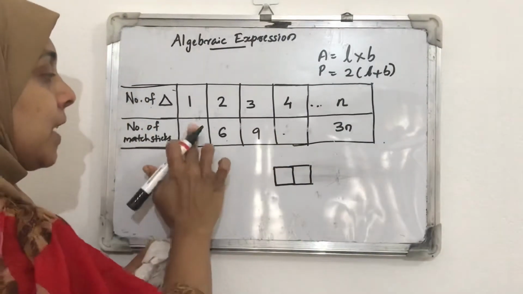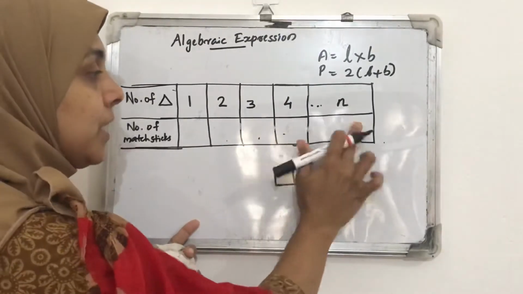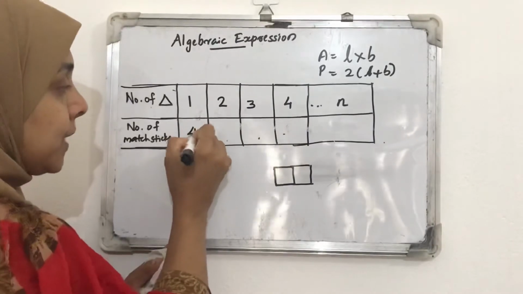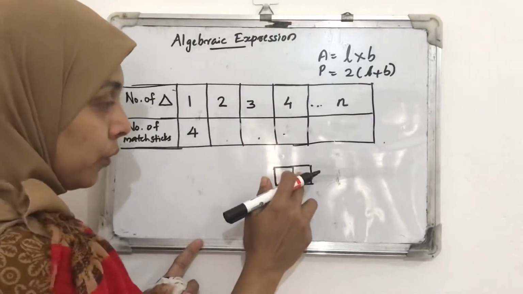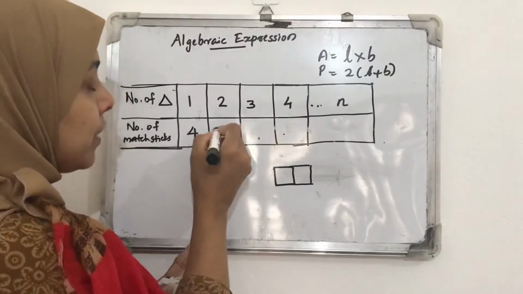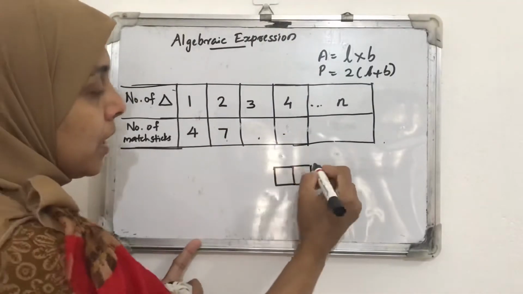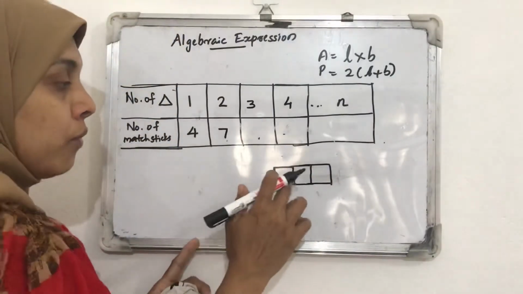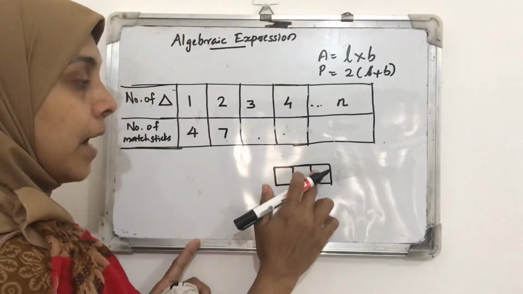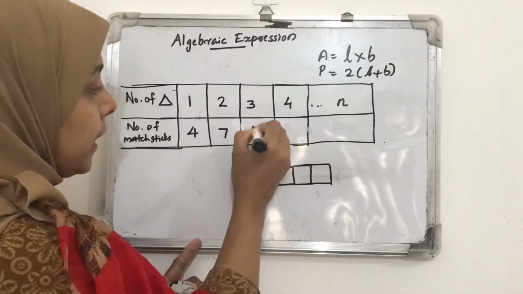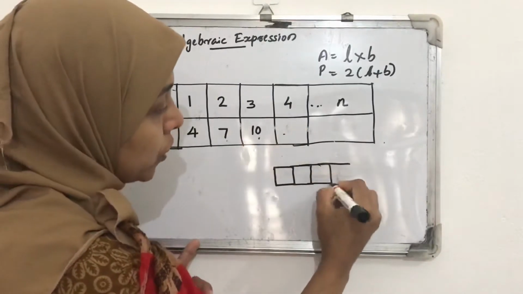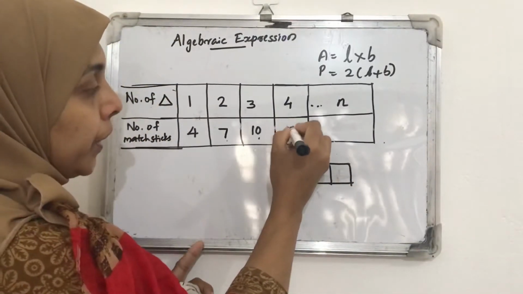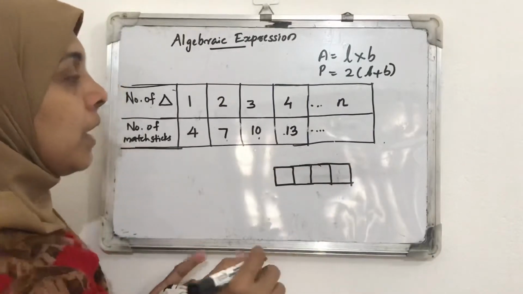So for forming one square we used 4 matchsticks. For forming 2 squares we used 7. Suppose it is for making 3 squares: with 7 we added 3, so it will be 10. If it is 4 squares, we used 10 plus 3, 13.